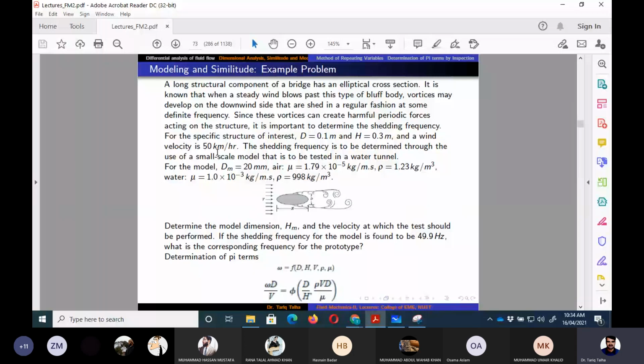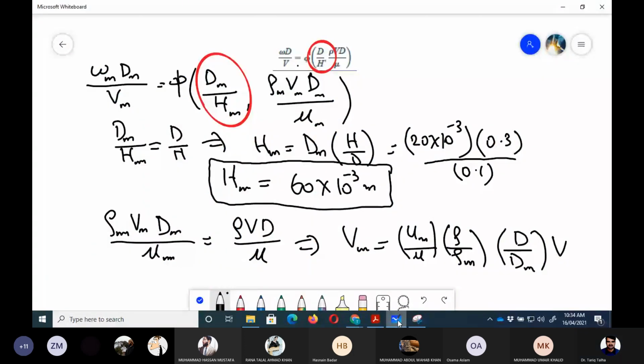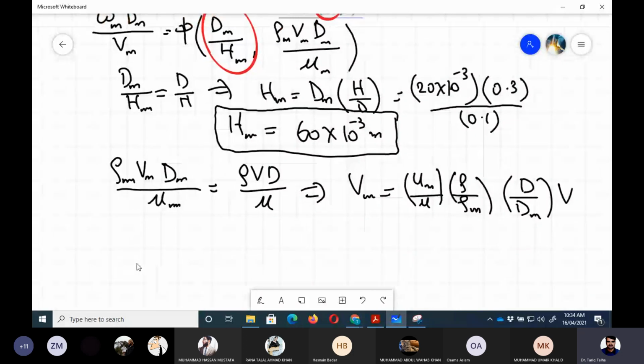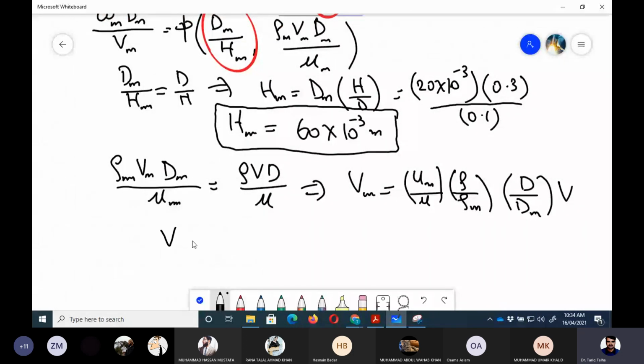So if we do that, velocity for the actual flow would be 50 into 1000 divided by 3600. So if we calculate that value, that would be 30.9 meter per second.